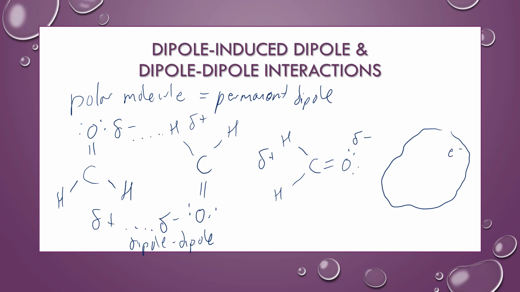But when it repels the electrons, it's going to push them to the other side, creating this induced dipole where this side becomes slightly positive and this side becomes slightly negative, and then you can form a weak attraction there. That would be the dipole-induced dipole. Because you have a polar, the dipole, attracting the induced dipole. And these tend to be somewhere in the middle between a dipole-dipole interaction and a dispersion force in terms of strength.